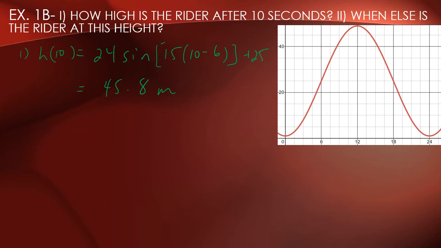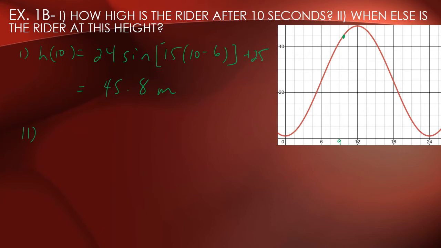Eyeballing it from our graph, 45.8, so on our graph, there's 9, right? So 10 seconds, roughly there. If we could trace up, yeah, that makes sense, roughly about 45.8. Looks good. When else is the rider at this height?